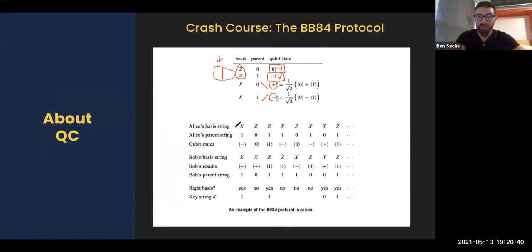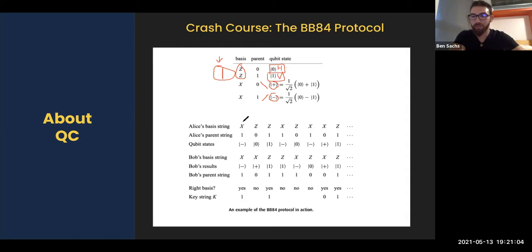So let's look at this diagram with that in mind. This is how the BB84 protocol works. Let's say I'm Alice and I want to prepare a set of photons for Bob, who I'm trying to communicate with. We'll do the simplest possible version.